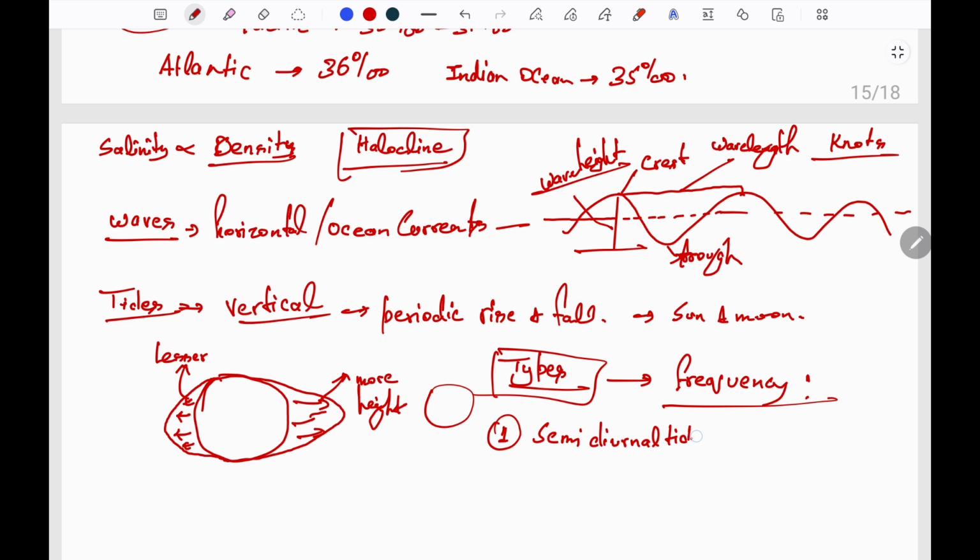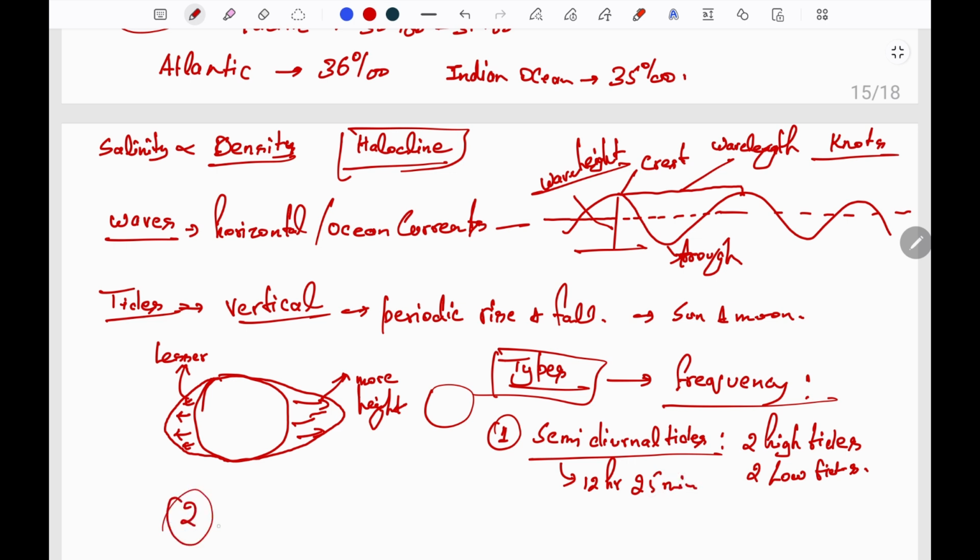These are the most common, and they feature two high tides and two low tides. And the time period between two successive high tides or low tides is around 12 hours and 25 minutes.